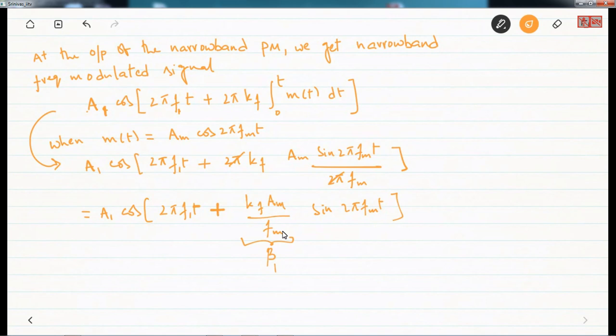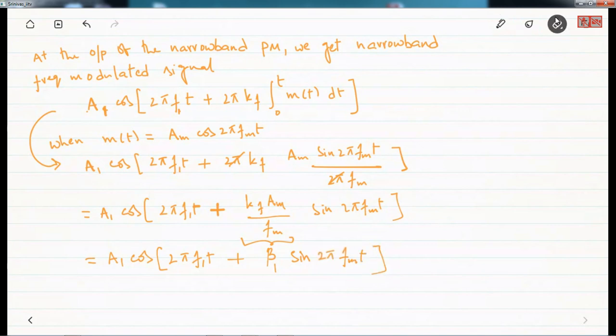This is the frequency deviation at the output of the narrowband phase modulator, right? So finally what do we have? A1 cos 2 pi f1t plus beta 1 into sin 2 pi fmt. So let me erase this one. So beta 1 is equal to kf into am divided by fm, right?